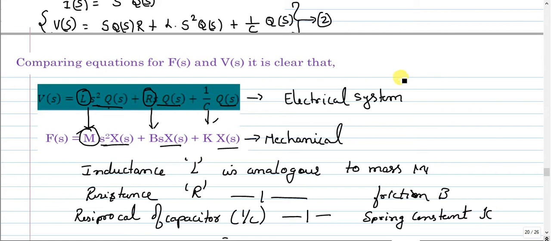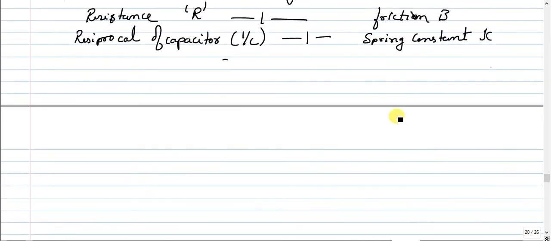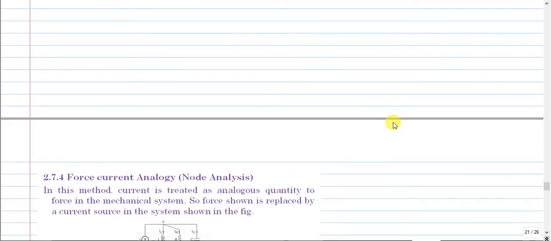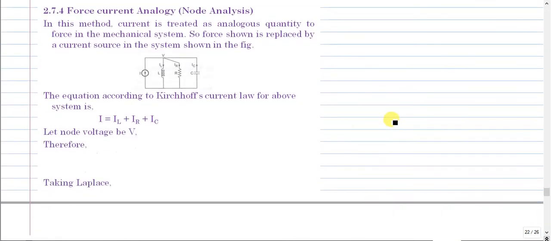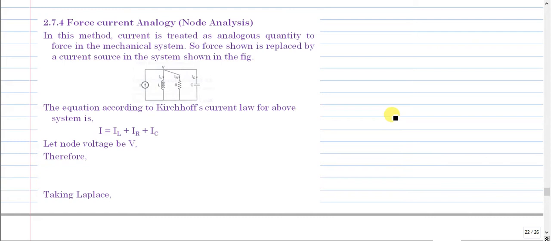And again, this is related to force voltage. Okay, remember, while representing in Fi, that is force current, the equation will change. We shall now consider force current analogy.